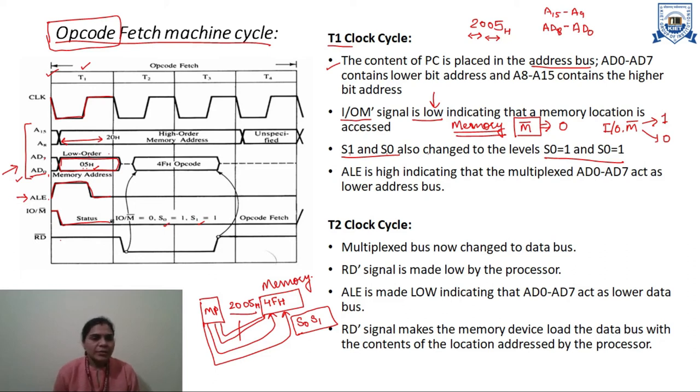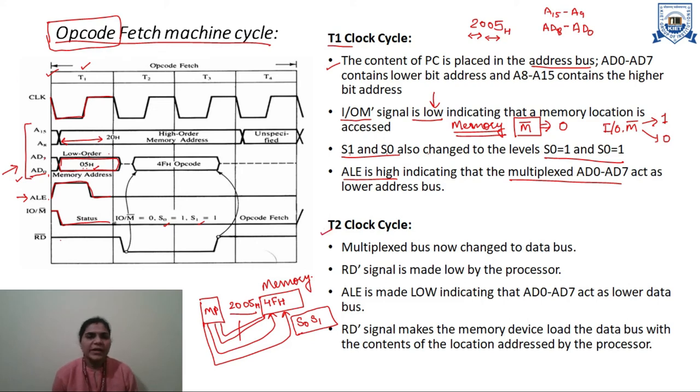So here the combination of the control signals will be used. Next, ALE is high, indicating that the multiplexed buses are carrying the lower order address.